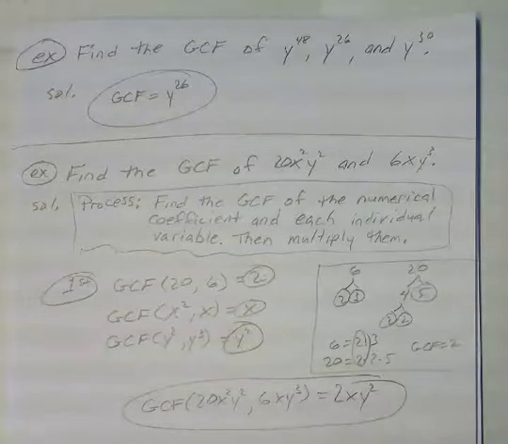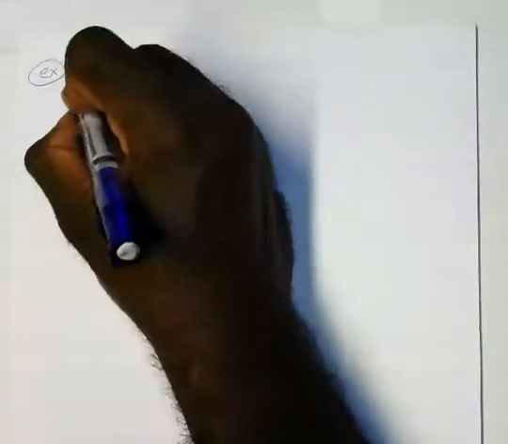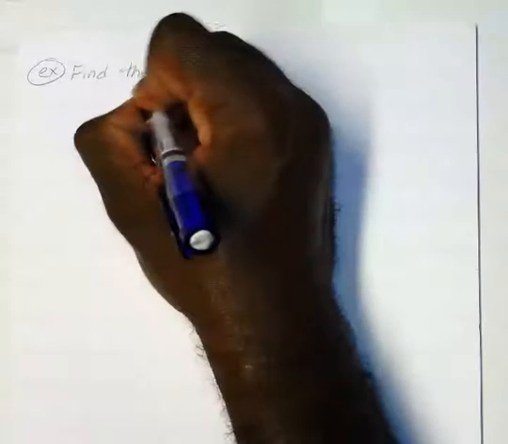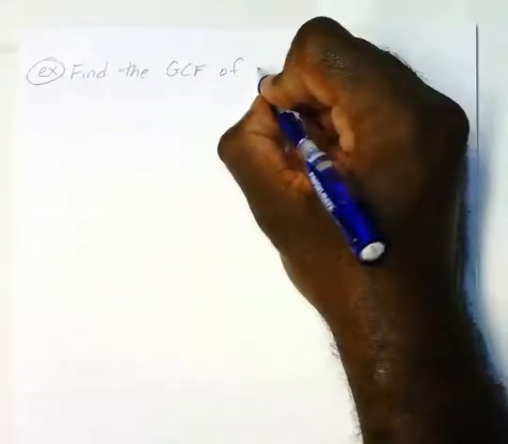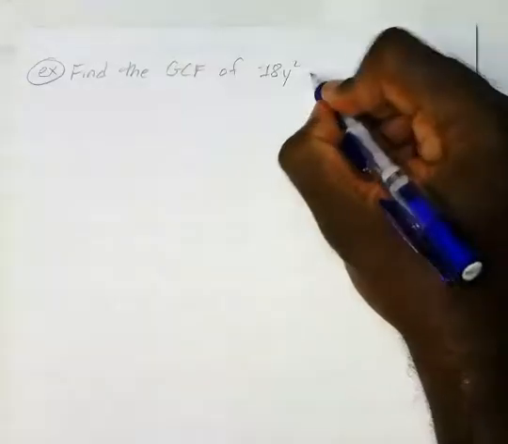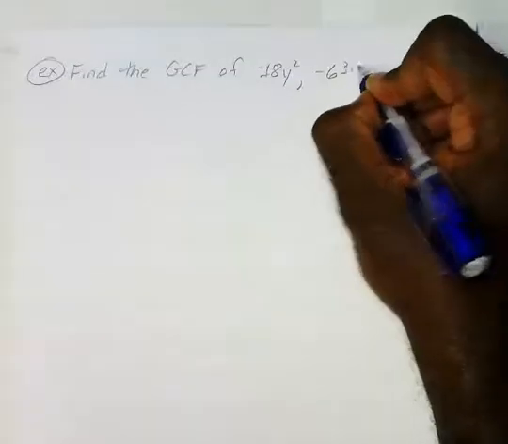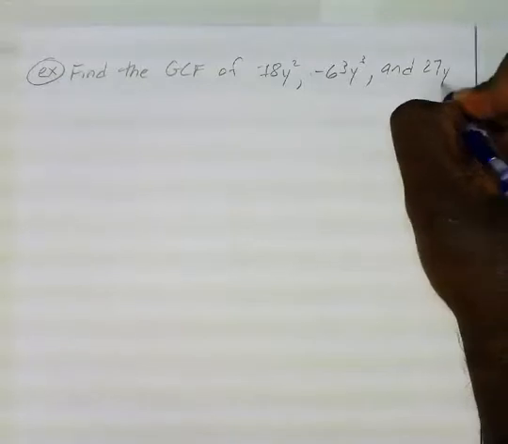Okay, so hopefully that made sense, but we're going to go ahead and do a few more examples. So let's say, for example, we wanted to find the greatest common factor of negative 18 y squared, negative 63 y to the third, and 27 y to the fourth.